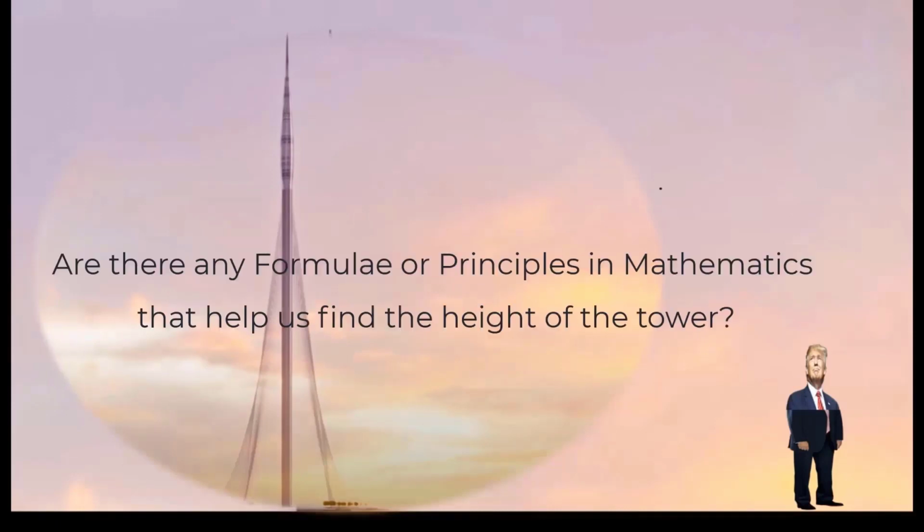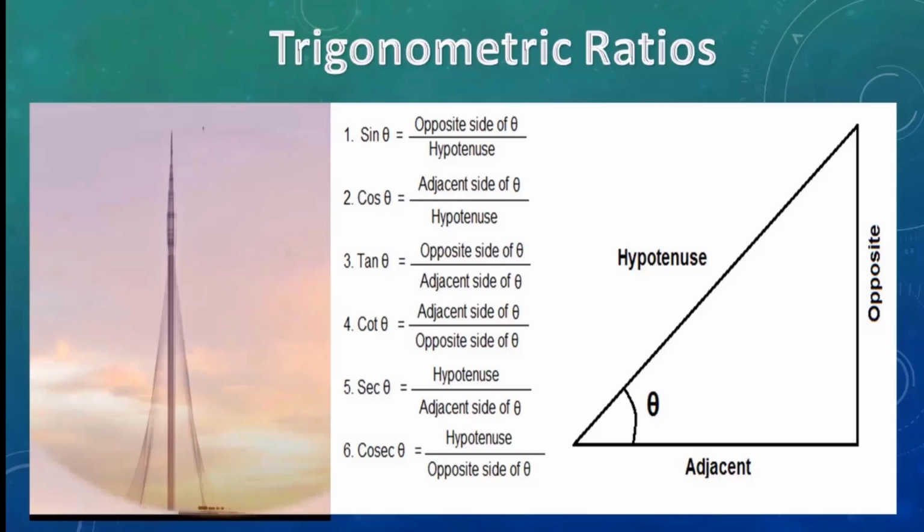Mr. Trump doesn't know the height of the tower. Now, the question is, are there any formulae or principles in mathematics that can help us find the height of this tower? Yes, there are. They are called trigonometric ratios. These are the 6 trigonometric ratios. Do they look strange to you? Are you scared of these ratios? Nothing to worry about at all. Just keep watching this video.